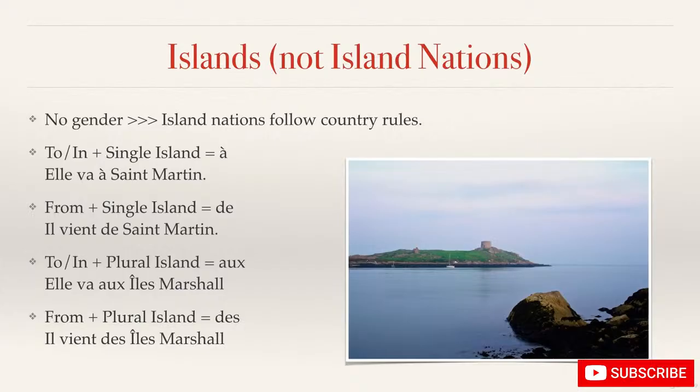So for example, elle va à Saint-Martin, so she goes to Saint Martin. Il vient de Saint-Martin, so he comes from Saint Martin. If it's a plural island or an island group, we would do aux, sort of like a plural country. So elle va aux îles Marshall. So she goes to the Marshall Islands.